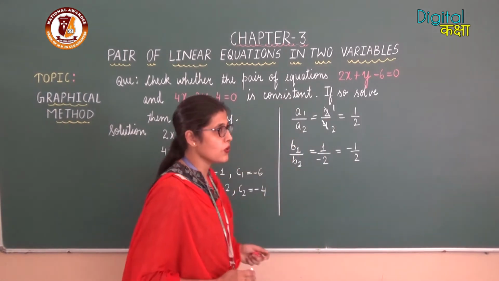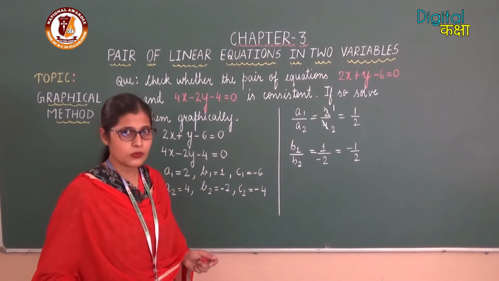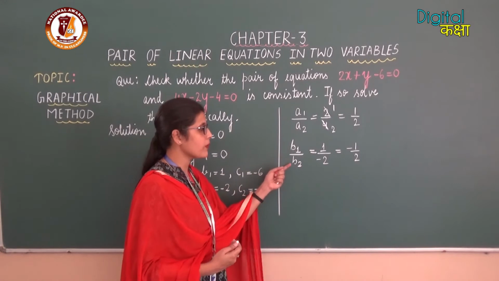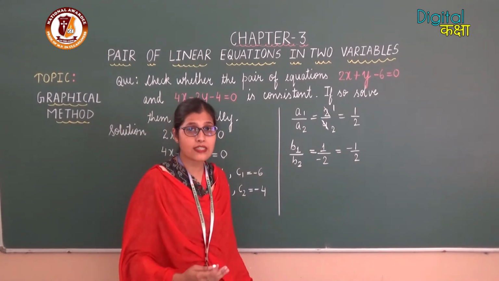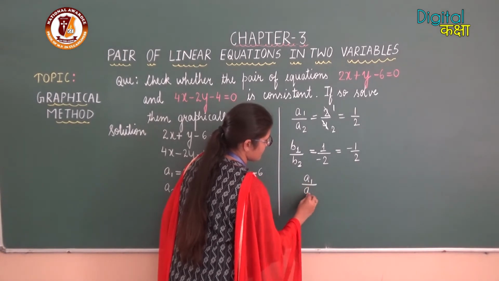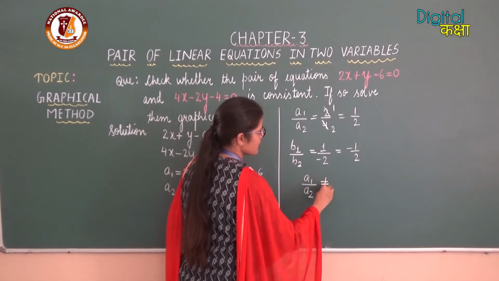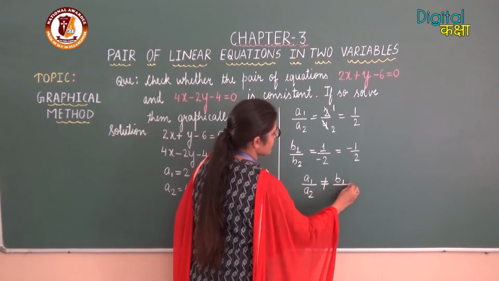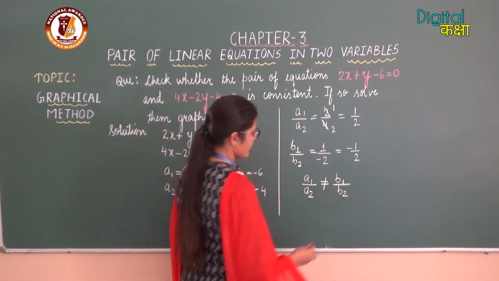Since the ratio of A1 upon A2 and the ratio of B1 upon B2 are not the same, that means that A1 upon A2 is not equal to B1 upon B2.